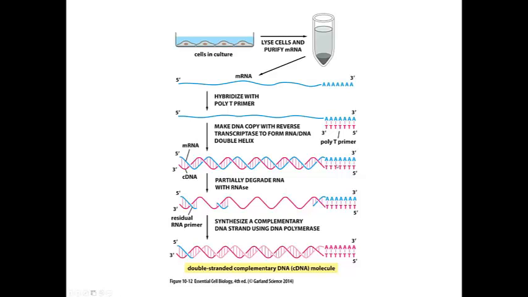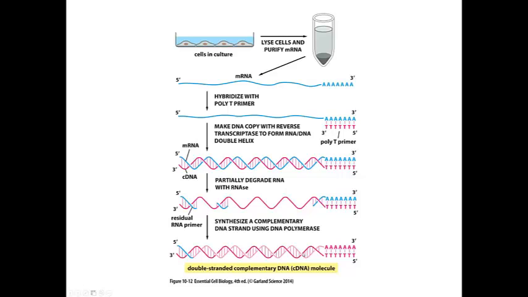And then an enzyme called reverse transcriptase will make a DNA copy using the RNA template. And the RNA is removed and you're left with single-stranded DNA, and then DNA polymerase can use that as a template to make double-stranded DNA called cDNA.